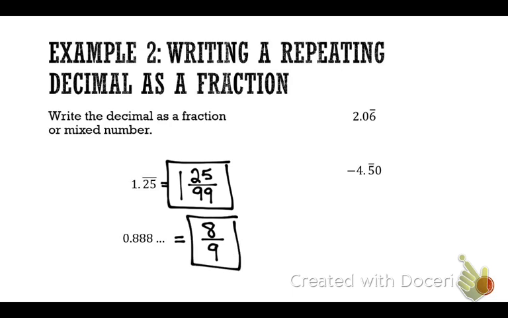All right, so we're just converting repeating decimals into fractions and mixed numbers. All we're showing here is that there is a transfer between the two. These are rational numbers because I'm showing that repeating decimals can also change into fractions and mixed numbers, and that's what shows that they're rational.